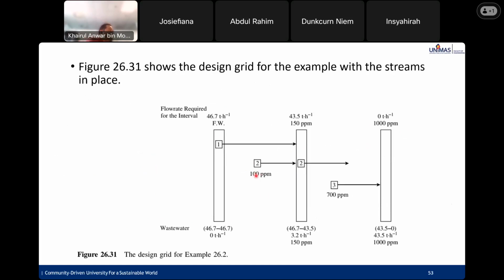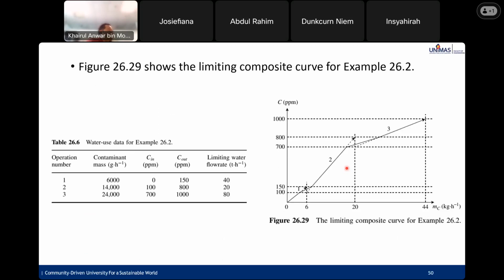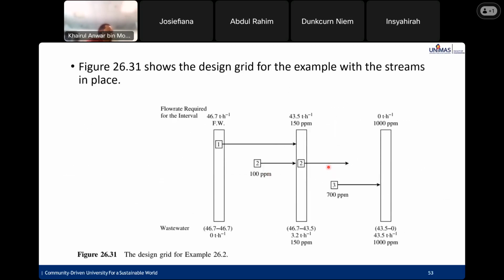Here is 100 to 800, 100 to 800 ppm here. And for operation 3, stream 3 is 700 to 1000. This is the design grid. So in case the question asks, we need to draw it like this. No need to draw the detail. Draw this first.